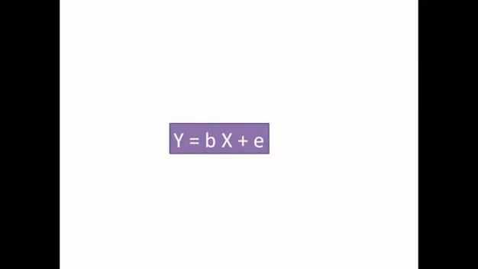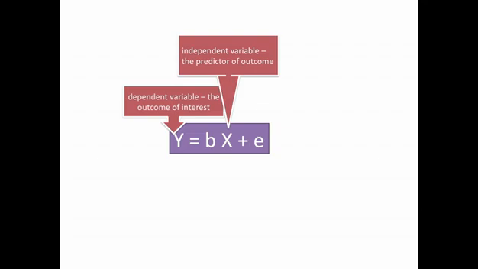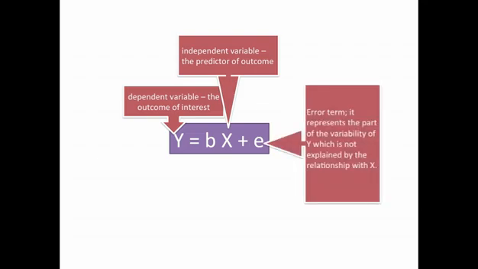In this slide, a linear regression equation is examined in detail. Regression is a mathematical function to predict the value of a dependent variable, y in this case, from the values of independent variable, x in this case. The equation generally includes an error term.